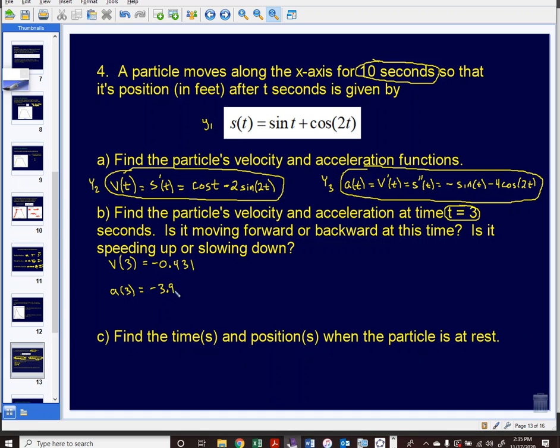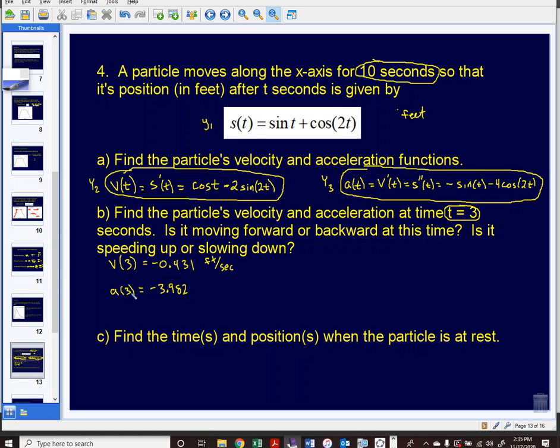Now let's also label those. If the position function measures everything in feet, and we know that the time in this problem is given in seconds, then the velocity is the slope of that graph, so it'll be measured in the unit of distance divided by the unit of time, feet per second.